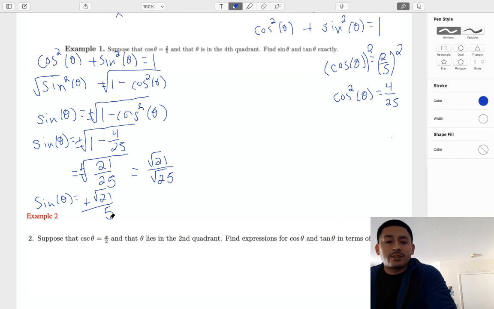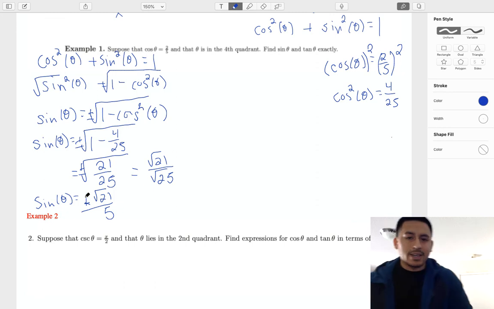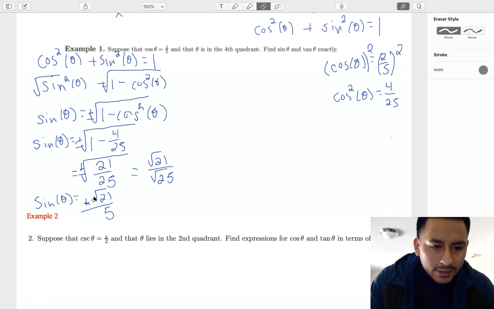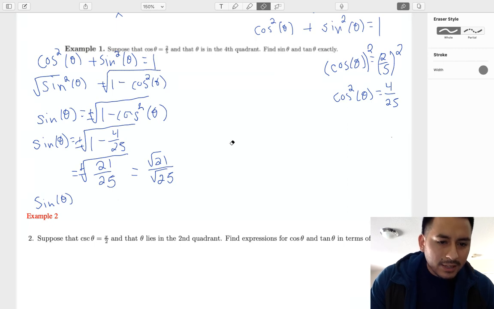All right, cool. Hopefully you were able to figure out that what's going to decide this for us is what quadrant we're in. And we're in the fourth quadrant. We know that all of the sine values in the fourth quadrant are going to be negative, right? So we're going to take the negative version of this answer. Let's go ahead and erase this. Oops, I didn't want to erase the whole thing, but it's okay.